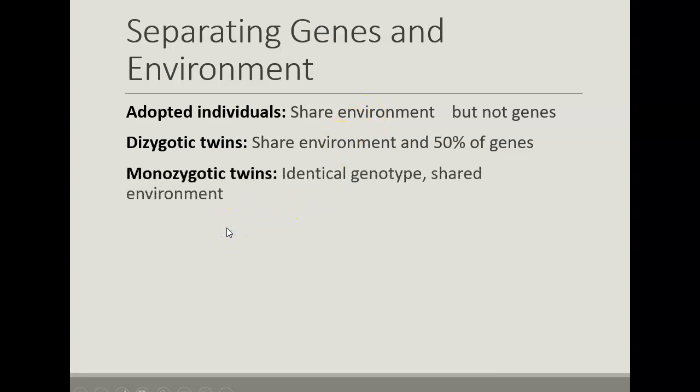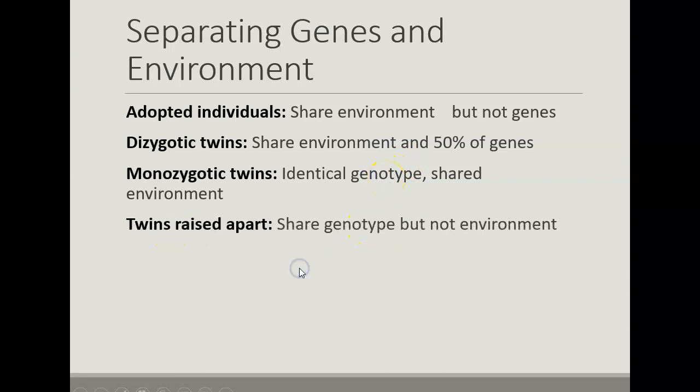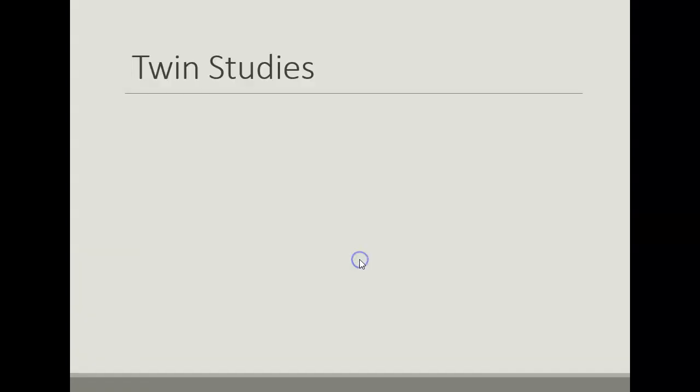We can also look at dizygotic and monozygotic twins. So dizygotic twins are just like any other pair of siblings. They share 50% of their genes, but they were raised in the same environment. And monozygotic twins have an identical genotype. They share 100% of their genes, and they also share their environment. We can look at twins raised apart, who might share a genotype but not an environment.